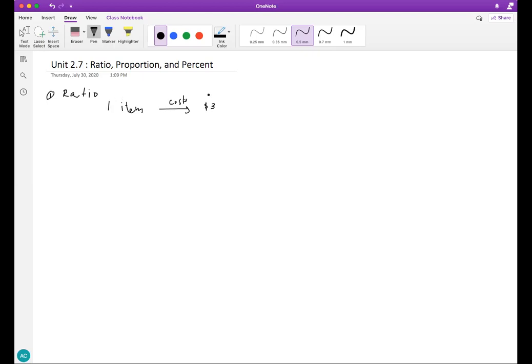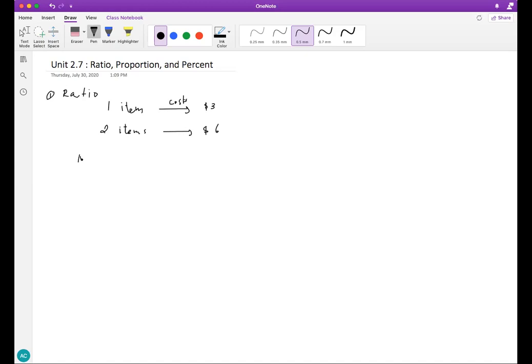So if one item costs $3, two items will of course cost how much? $6. That's right, and so on. So that's a ratio 1 to 3. We say 1 to 3.